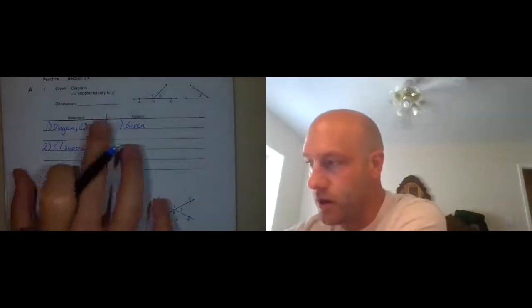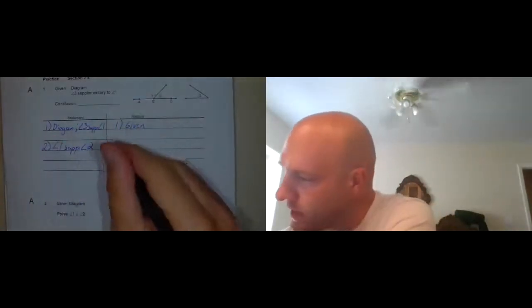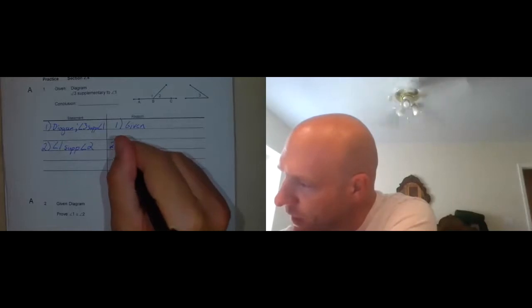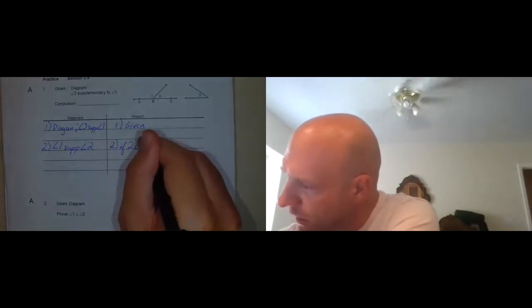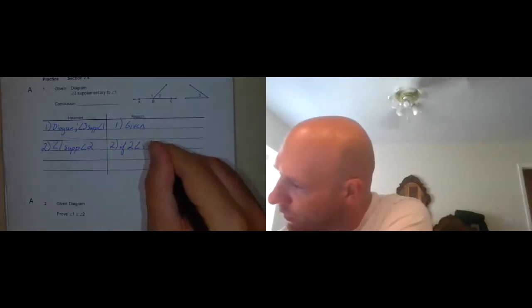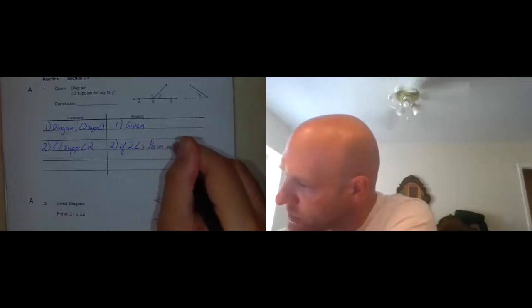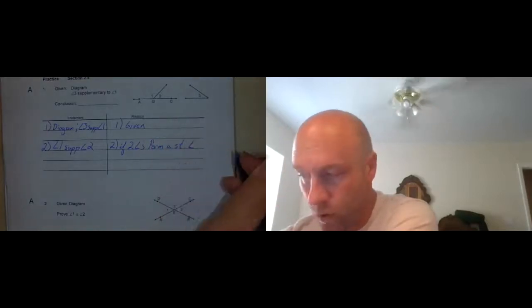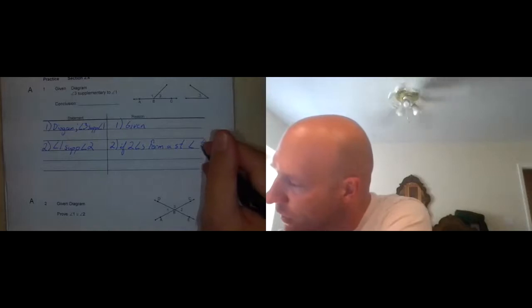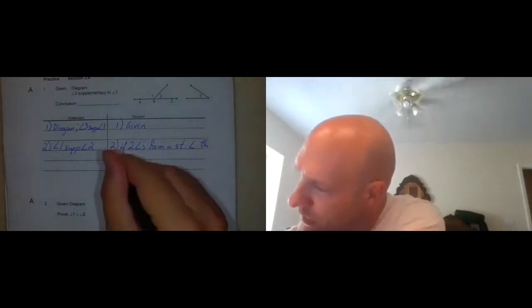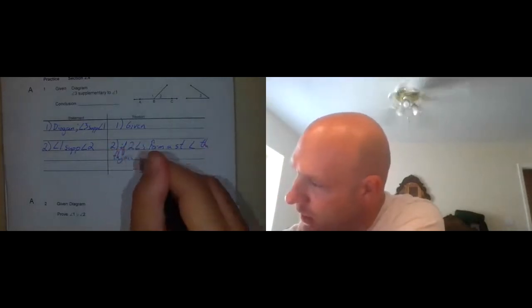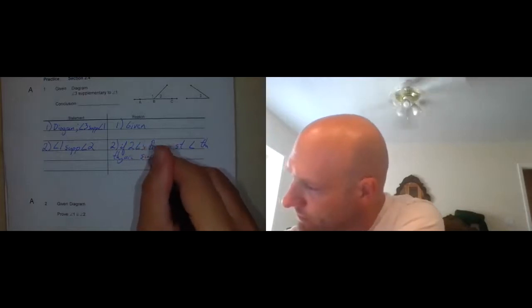In my opinion, you can go right from a diagram to that. And the reason will be: if two angles form a straight angle or line, I don't care, then they are supplementary.